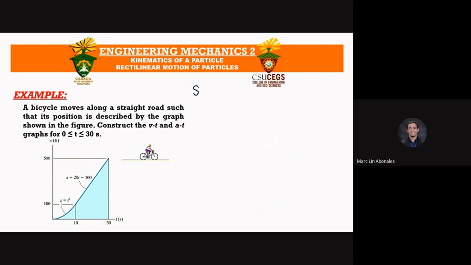So, just a solution. As I mentioned earlier, if ST is given in the problem, the first one you construct is VT, using this kinematic equation, v is equal to ds over dt.